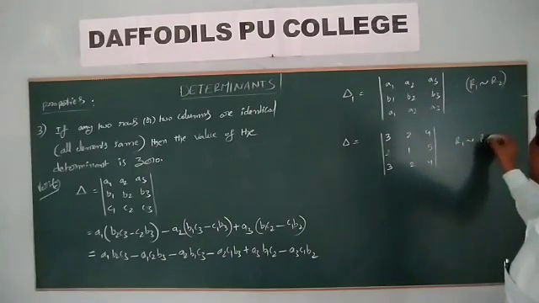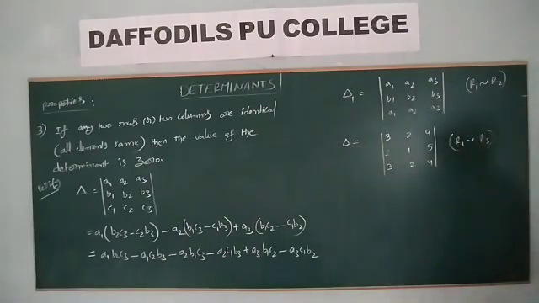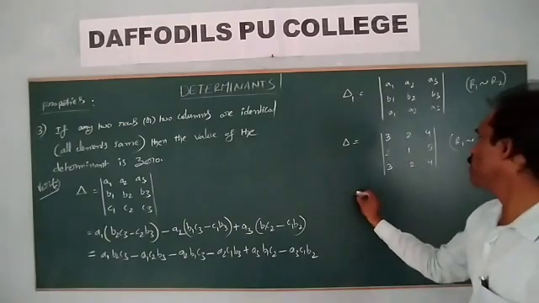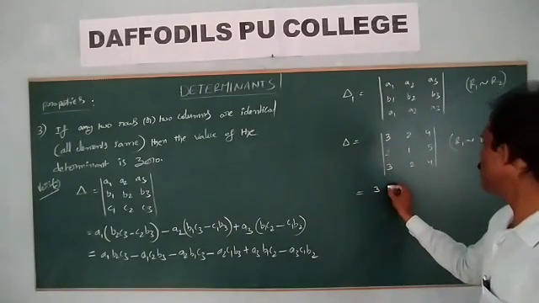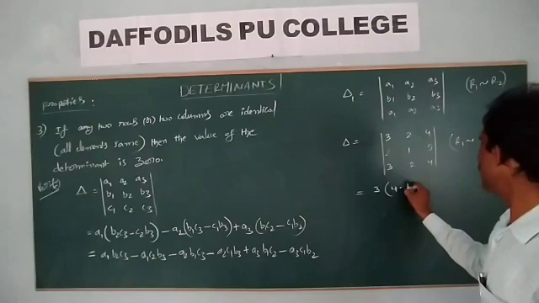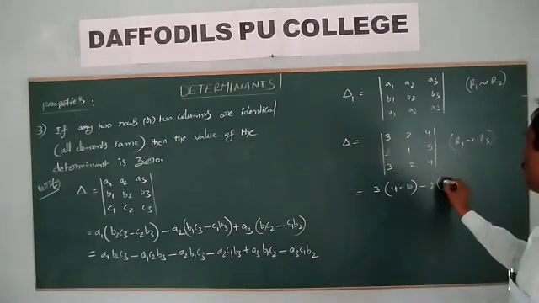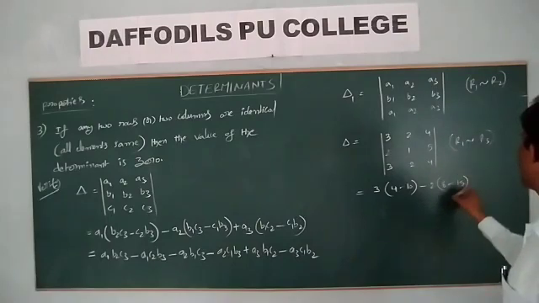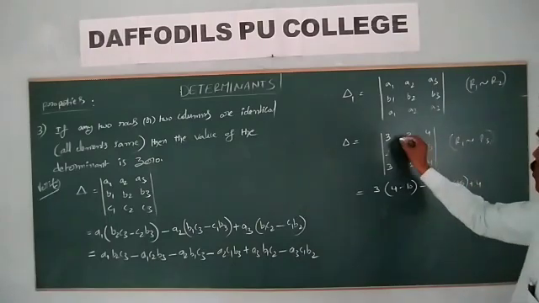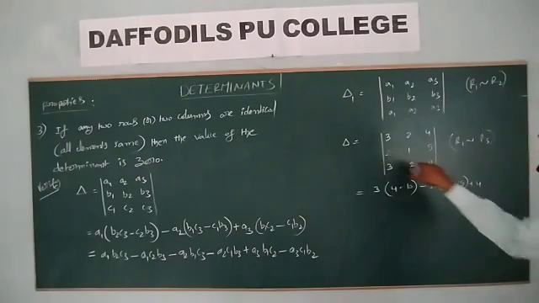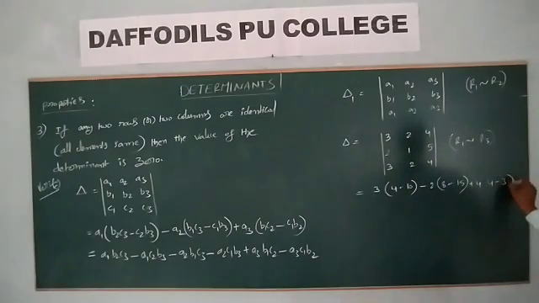R1 is identical to R3. What is the value of this determinant? 3 of 4 minus 10, minus 2 of 8 minus 15, plus 4 of deleting this row and this column: 4 minus 3.